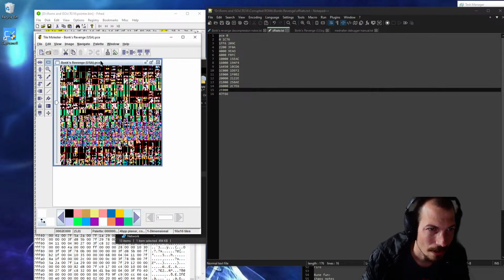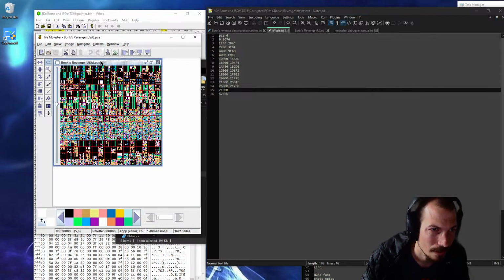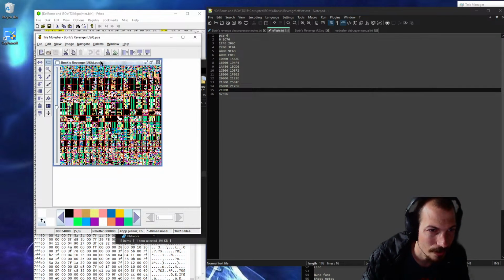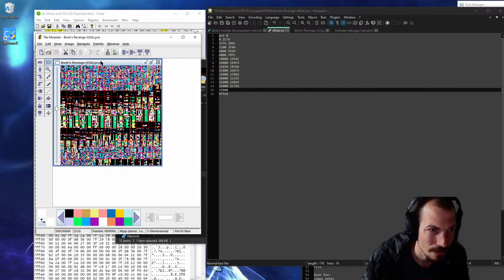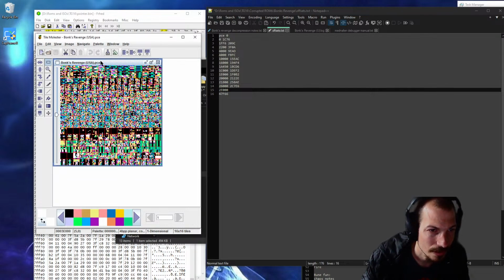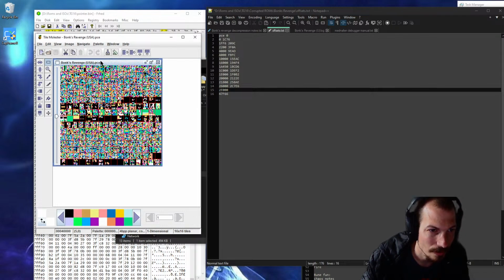And everything I'm seeing, a lot of the empty data is at the end of the bank. So I think this is just some sort of uncompressed, either level data or something else, where it's not that big of a deal. If I had to guess, something along those lines.